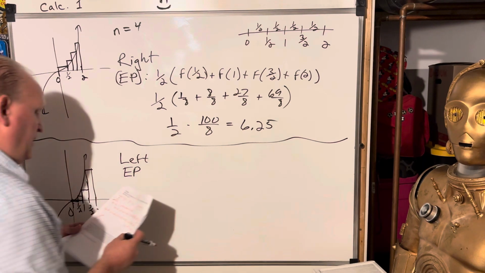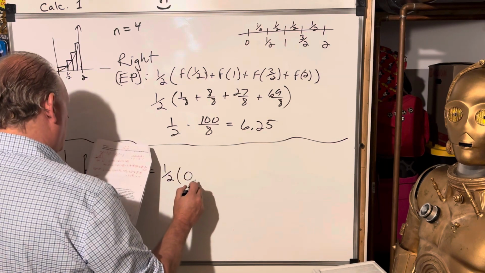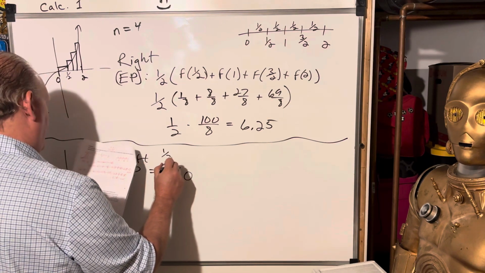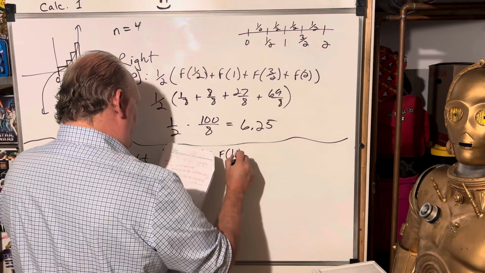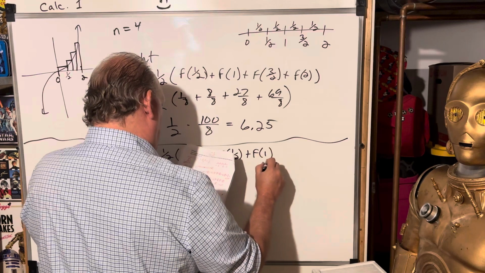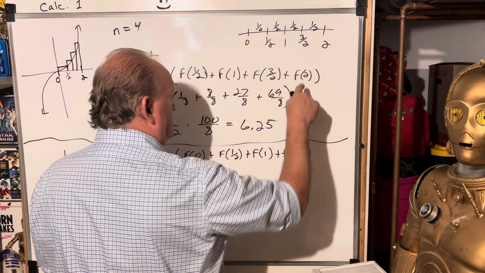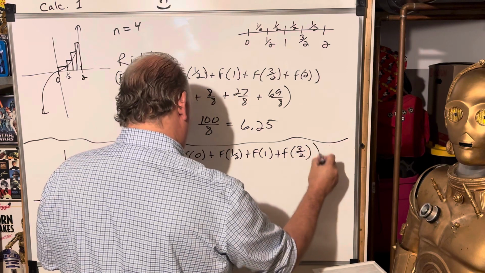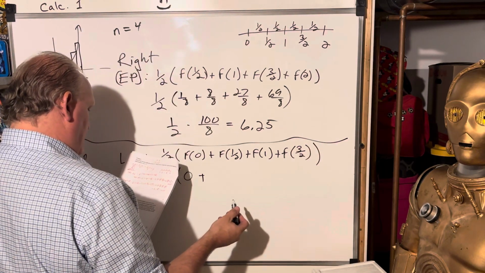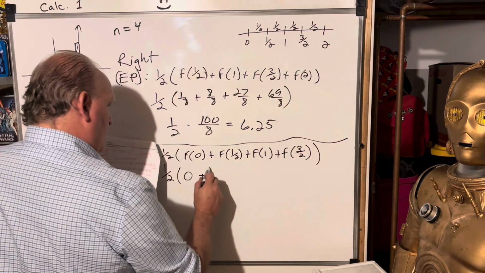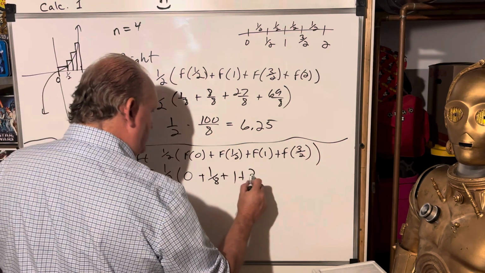It's a left endpoint. And so what that's going to look like is 1/2 times f of 0, f of 1/2, f of 1, and f of 3/2. So we never get that f of 2 in there. So we got 0 plus 1/8 plus 1 plus 27/8.